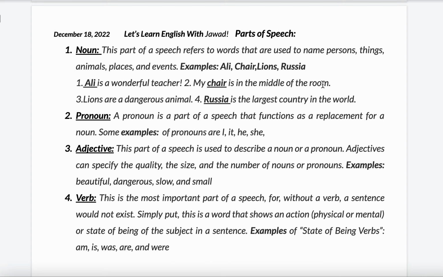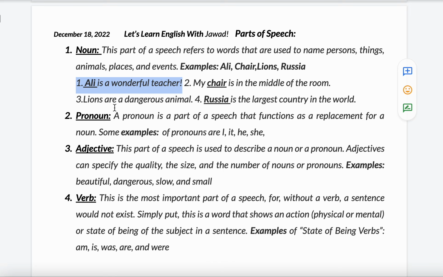If we go back to the first one, I have two nouns here. Ali is a name, and teacher is also a name of a profession. We don't want to touch on that right now, but these two are names. In the second sentence, the chair itself is a noun, and room is also a noun.